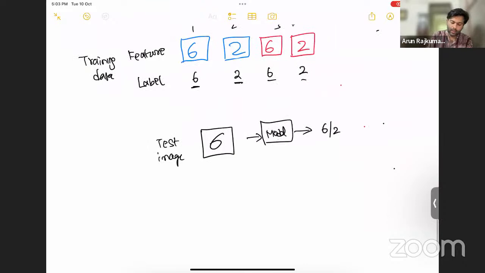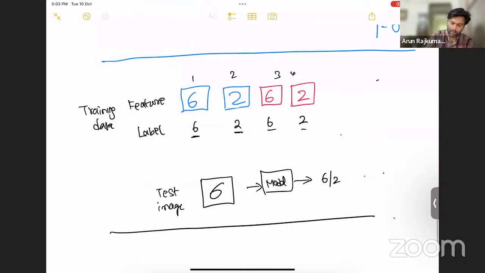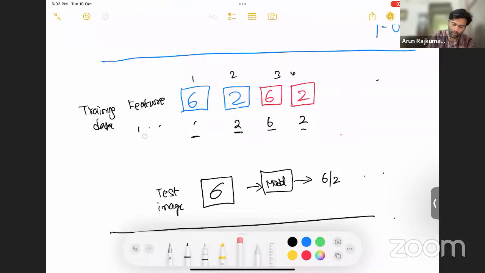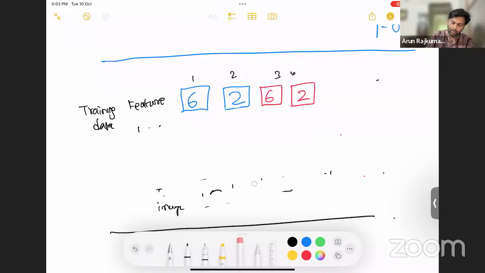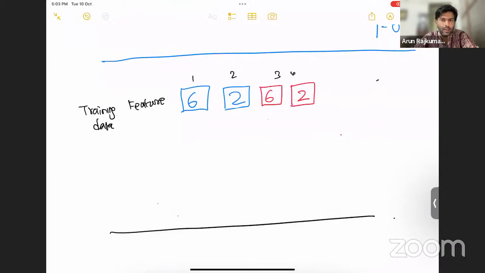But now in a clustering problem, I'm not given these labels, right? So this is no longer my problem of interest. I just have this bunch of 4 different images in this data set.